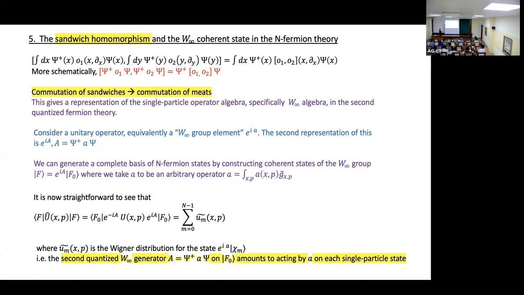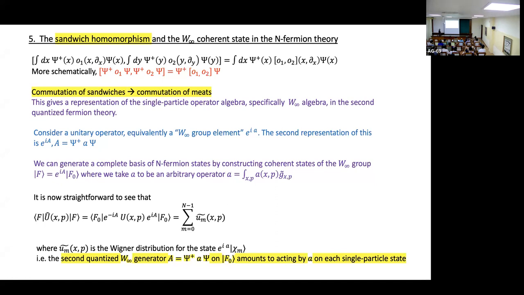Without further details, you can prove that if you take this F to be a W infinity coherent state starting from the ground state, the Fermi sea, this is how you construct coherent states. You take a group representative and act on some lowest weight state in some particular representation. Here, the equivalent of the lowest weight state I have taken to be the Fermi sea.